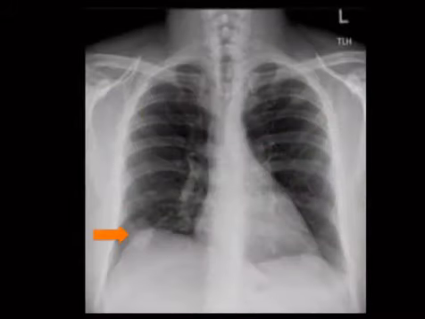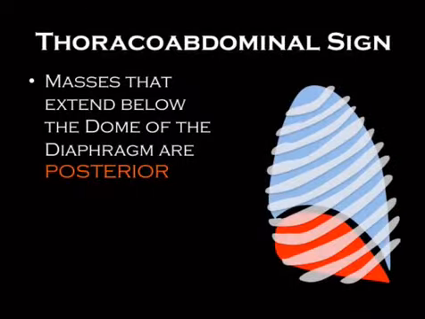So what about that thing there? This is a mass, probably, that is extending below the dome of the diaphragm. So we're using the diaphragm there as a marker. And this supposedly means that it is more likely to be posterior. If you've got a mass here that is anterior, you can see that the way the diaphragm works, it will sit more on top of it.